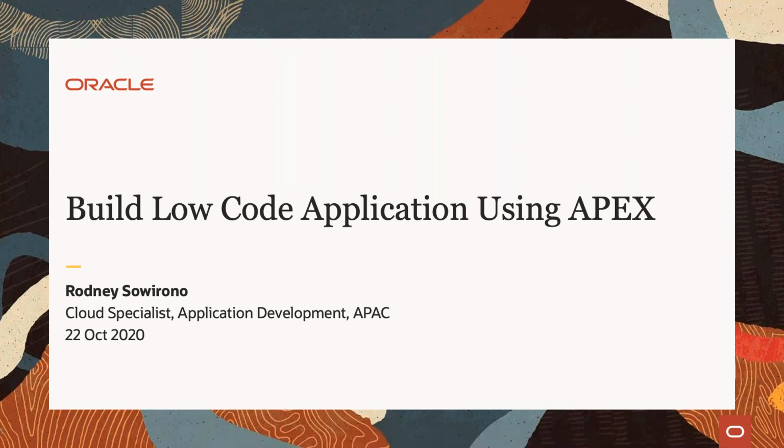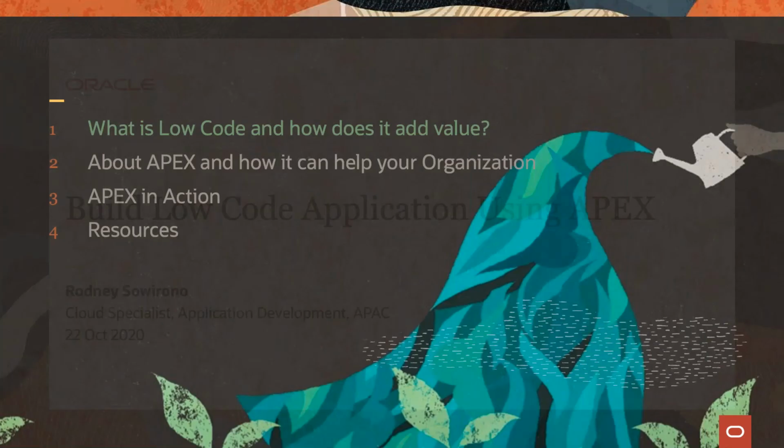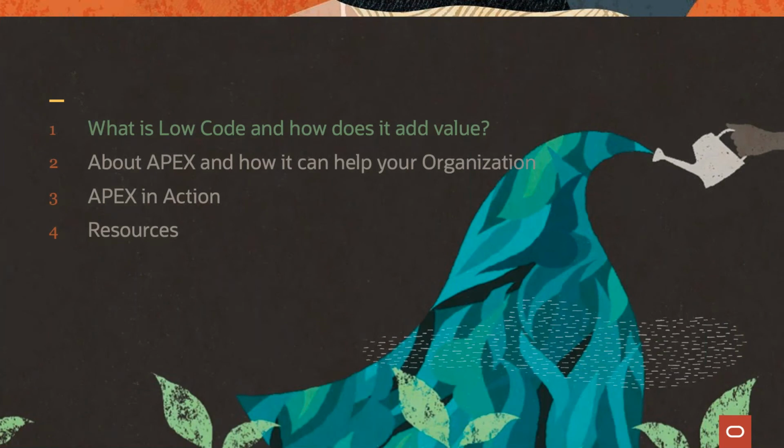Now, for today, we're going to talk about these particular topics that I've prepared for this session. First, what is low code, and how does it add value? Most probably some of you are already familiar with low code, but I just wanted to address how this could potentially be very valuable for your organization when going down a low-code development route.